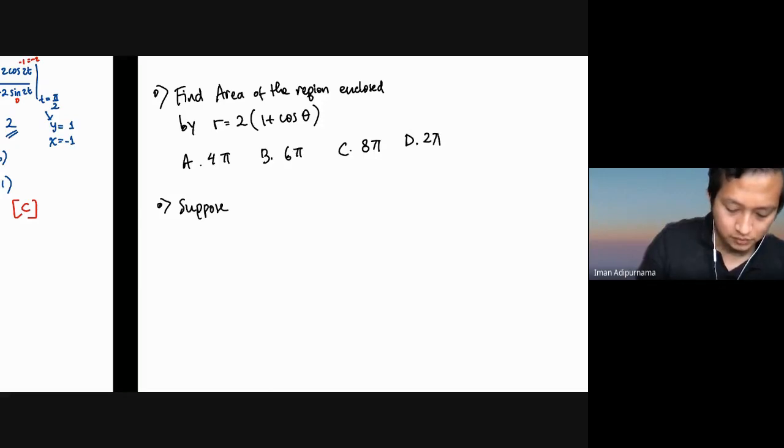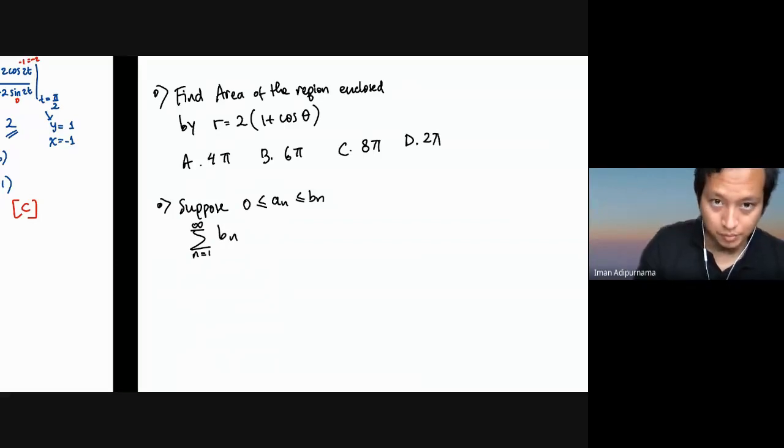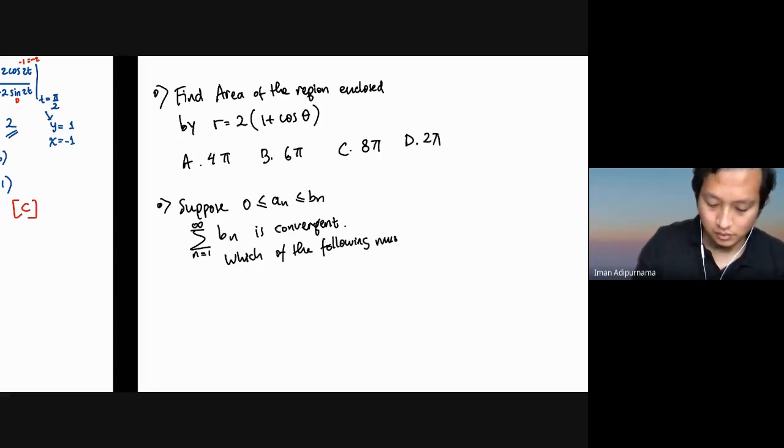Suppose you have a_n and b_n, and this sum of b_n is convergent. Which of the following must be true?